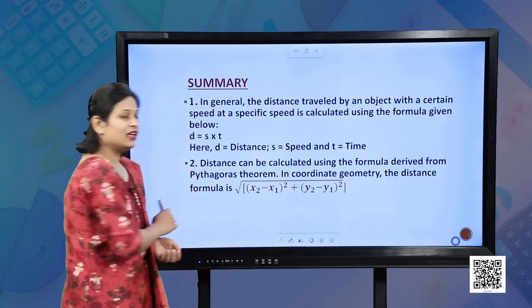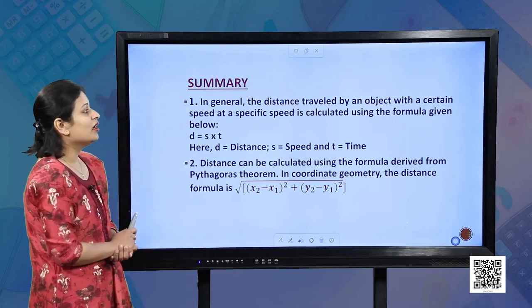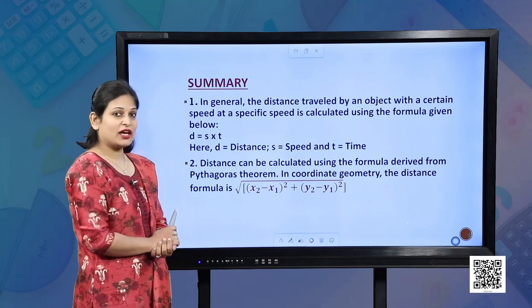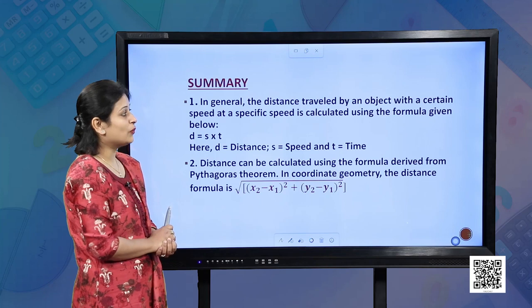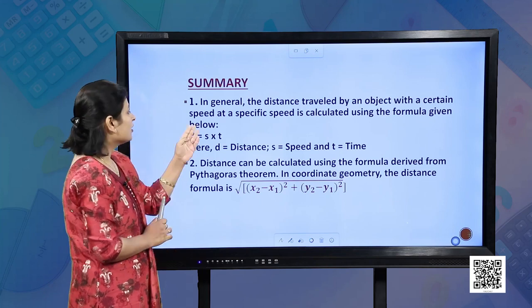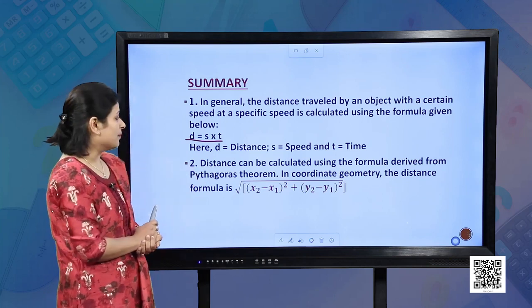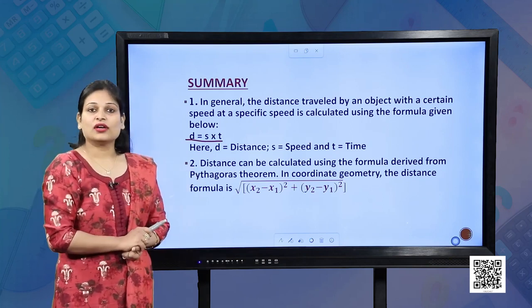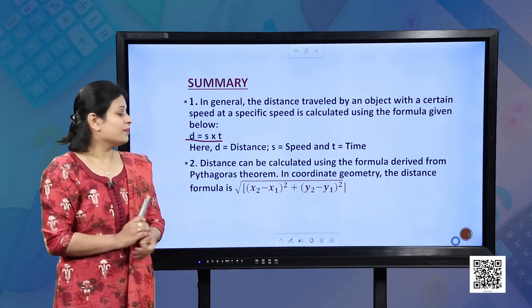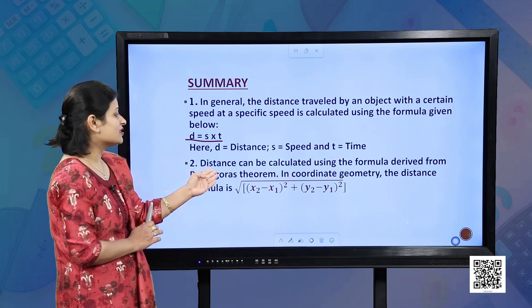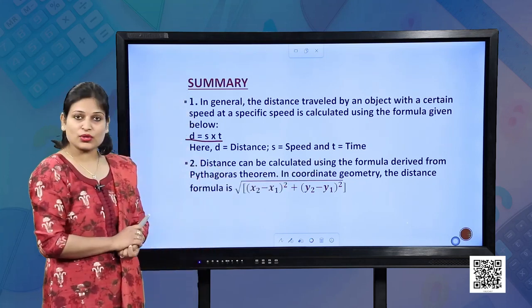Now, let us quickly recapitulate what we have discussed today. In general, the distance travelled by an object with a certain speed is calculated using the formula distance is equal to speed into time. But in coordinate geometry, we have derived the distance formula, which is obtained from the Pythagoras theorem.